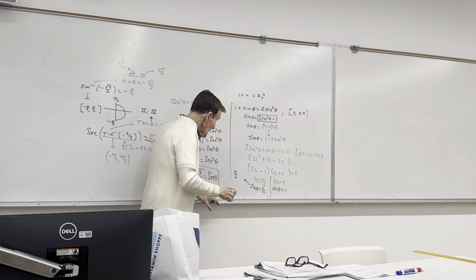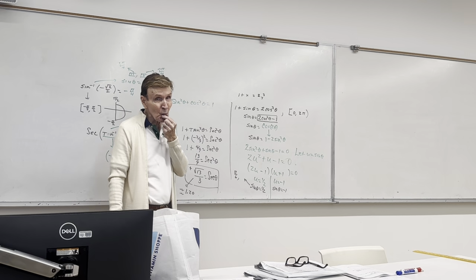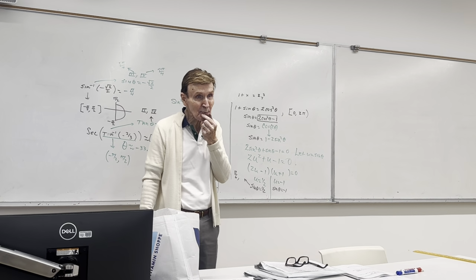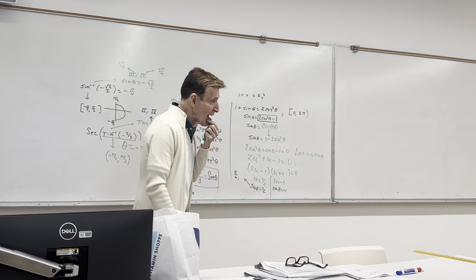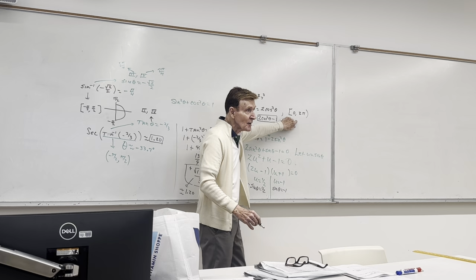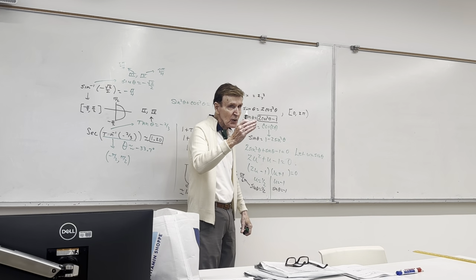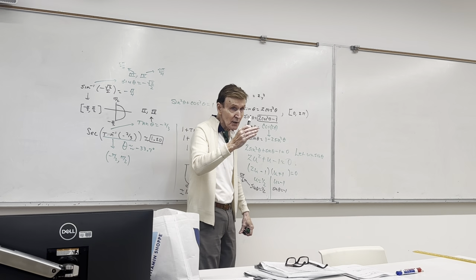Has anyone seen another spot on the unit circle where the y coordinate, sine, is 1/2 besides pi over 6? 5 pi over 6. Now if you wish in degrees, that's 150. Am I still okay? Yes. I'll take it. Now those two are done. I think that's all you can do for a 1/2.